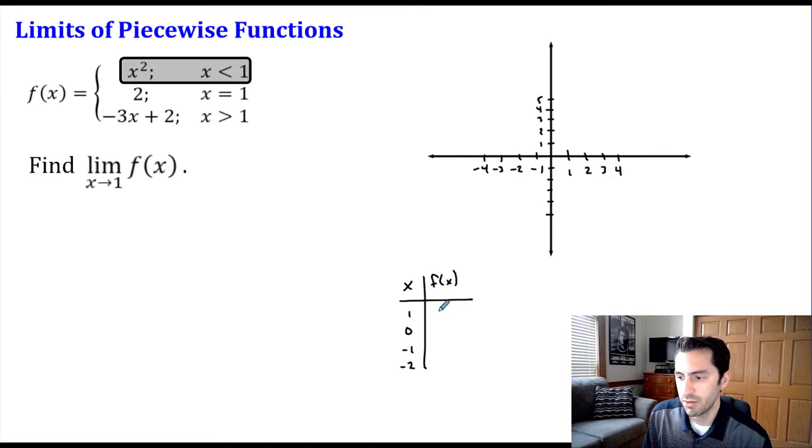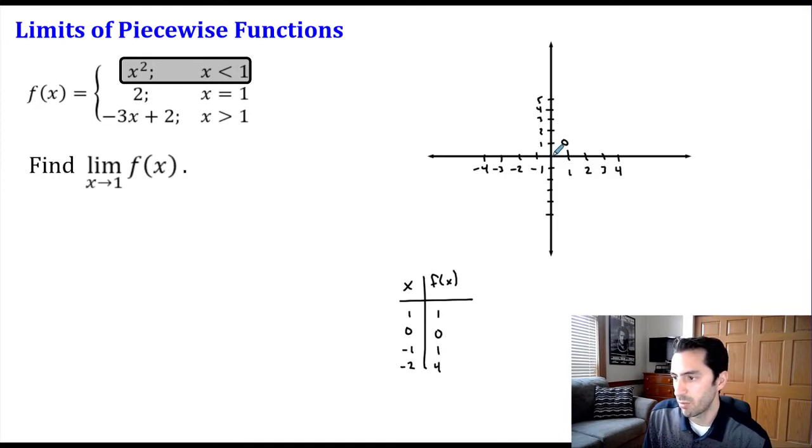So 1 squared is 1. Now remember this first point, we don't have that or equal to, so this is going to be an open circle. So we have an open circle here at (1, 1). At 0, 0 squared is 0. Negative 1 squared is 1, and negative 2 squared is 4.